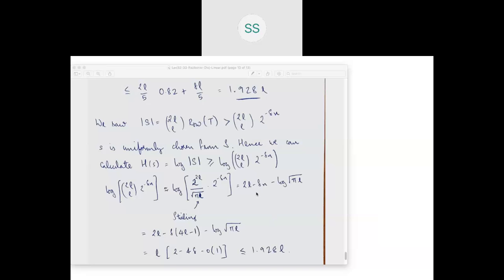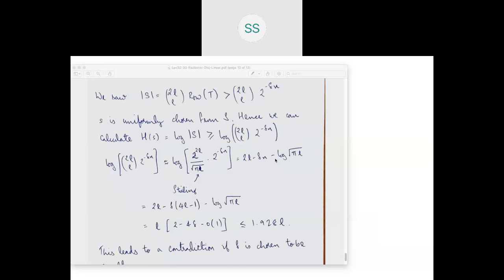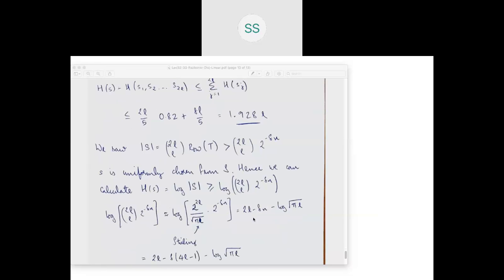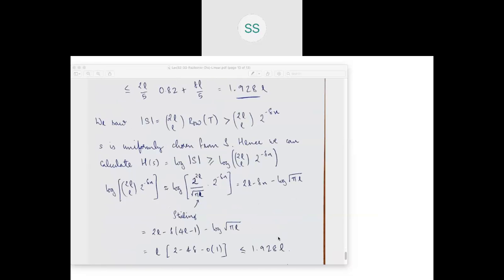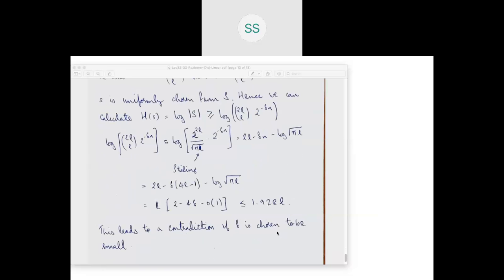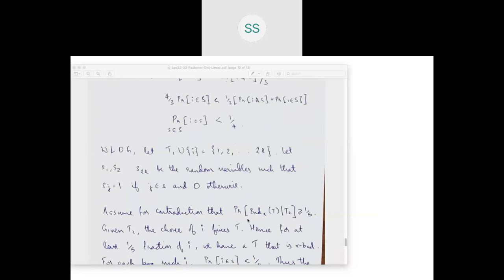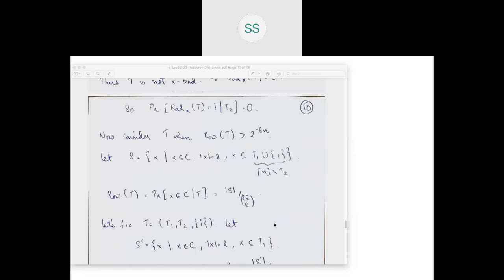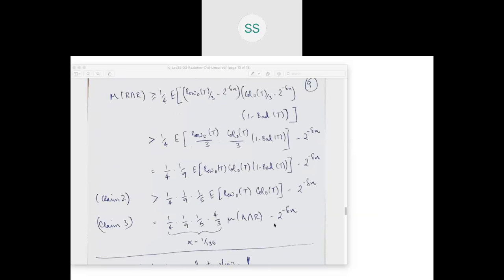So by setting delta to be something very small, we get a contradiction, because H of S is upper bounded by 1.93L but lower bounded by, let's say, 1.96L, and that proves a contradiction to the assumption that the probability of bad x is at least 1/5. So the probability of bad x is at most 1/5, and that completes the proof of claim 1, which completes the proof of the linear lower bound for the randomized complexity of disjointness. Okay.